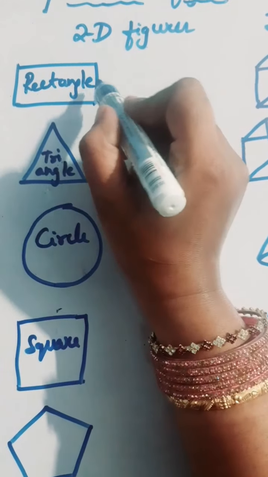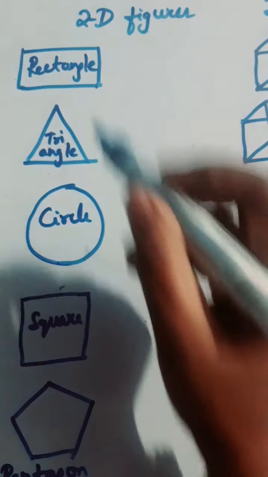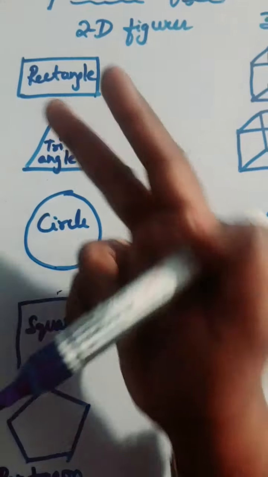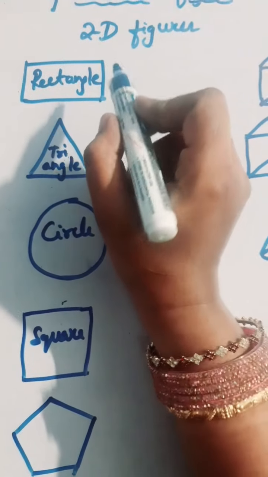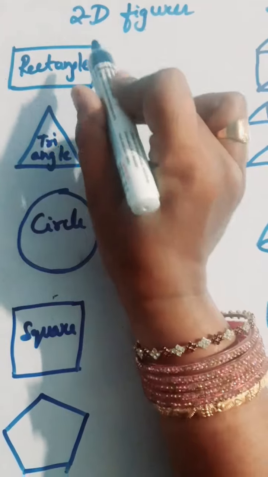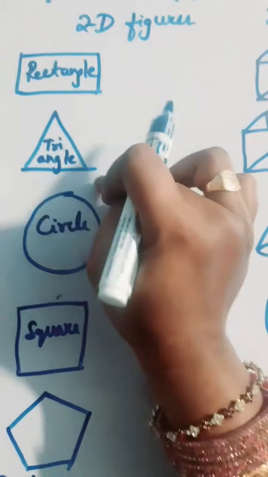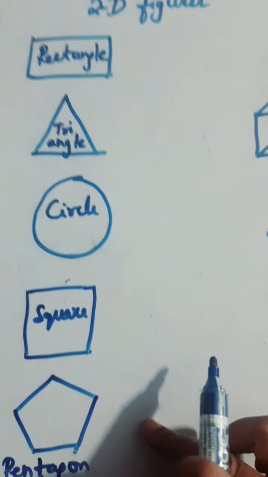Therefore, these 2D geometrical figures have only two dimensions, that is, length and breadth. So they are called two-dimensional figures.